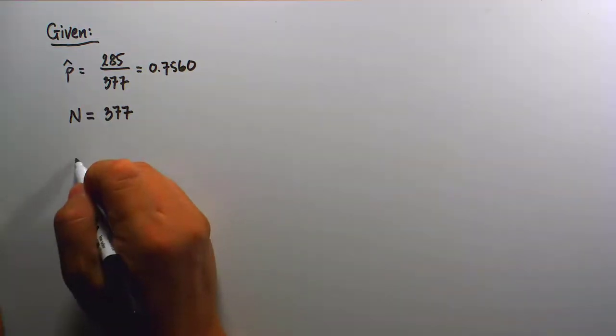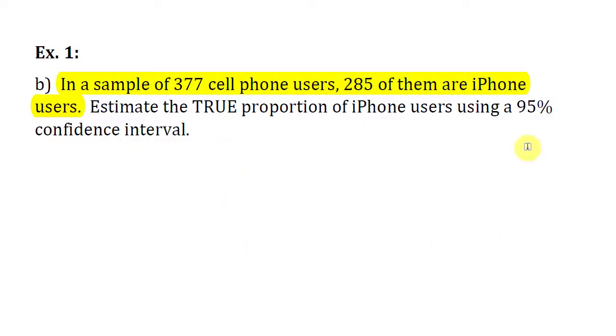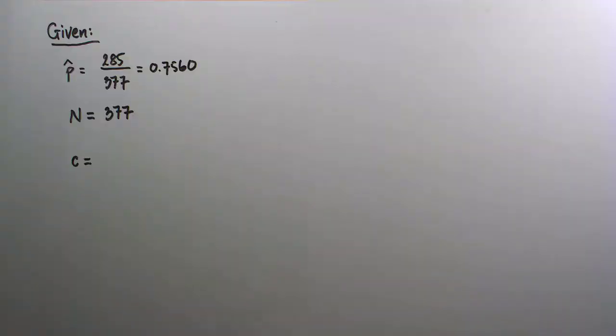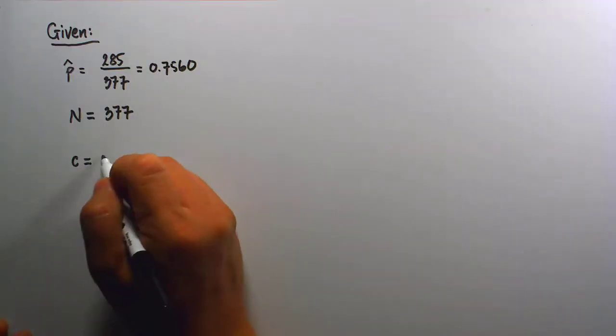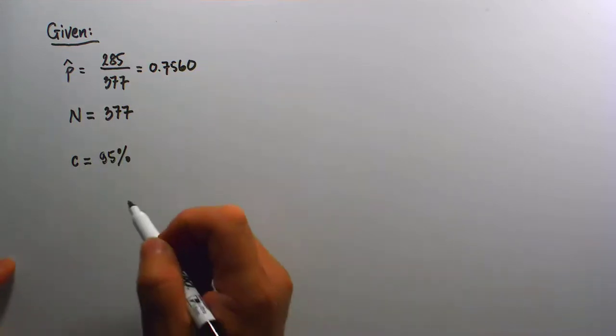Confidence level in this case right here. So now let's look at the very ending part of the problem here. The problem is asking us to estimate the true proportion of iPhone users using a 95% confidence interval. So this final piece of information right here is indicating that we are given a confidence level being 95%. So lowercase c equals 95.